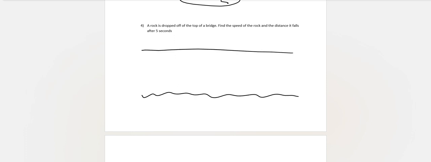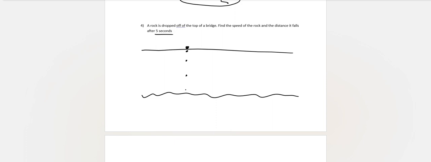Sorry about that. Okay, number 4, a rock is dropped off a bridge. So maybe here's our bridge, and maybe here's the water below. The rock starts here at the bridge and accelerates down. It hits the water 5 seconds later.